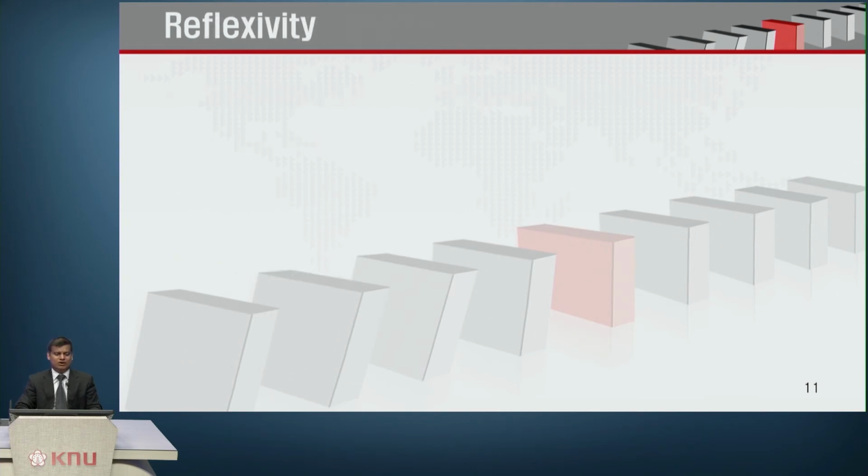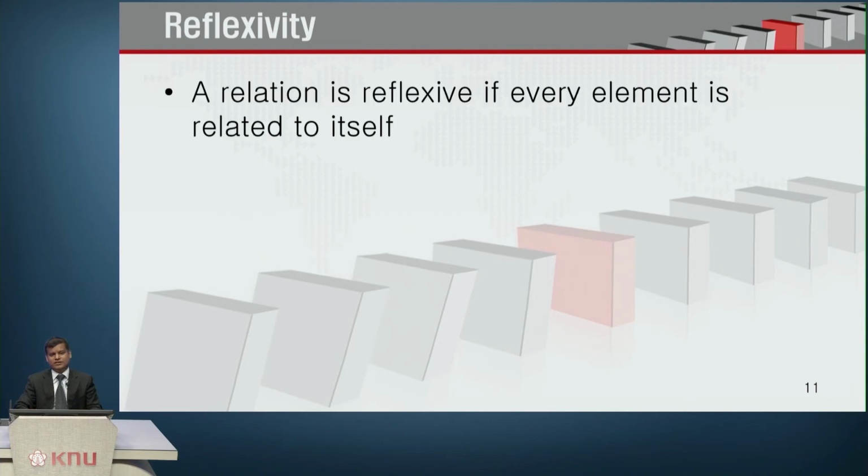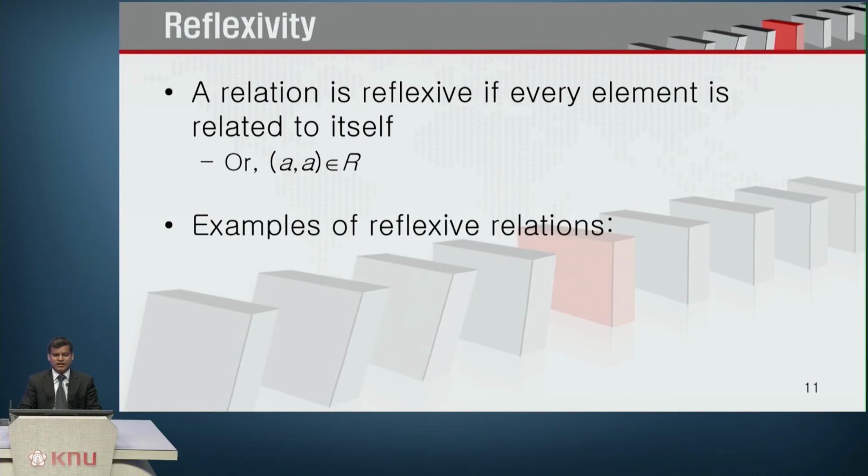Reflexivity: a relation is reflexive if every element is related to itself. So we have certain conditions, for example, (a, a) is an element of R. Let us see how they are related and what operators will express these relations.